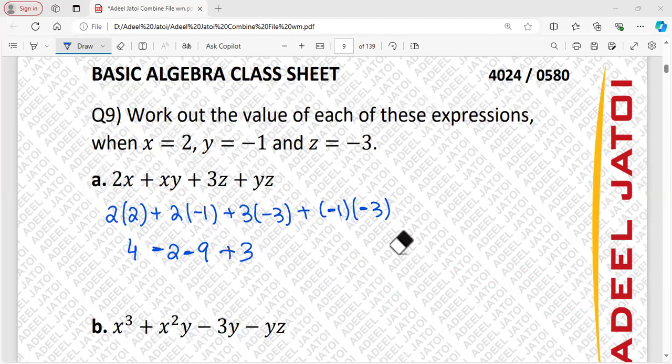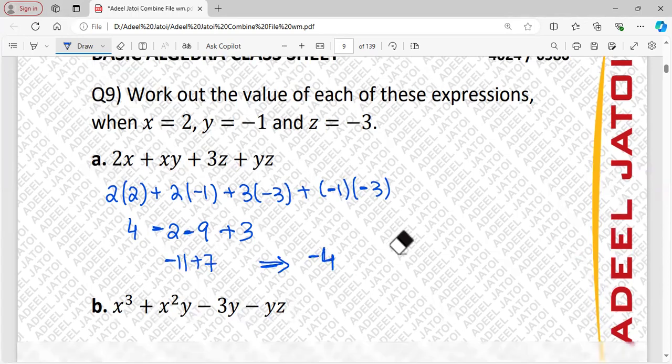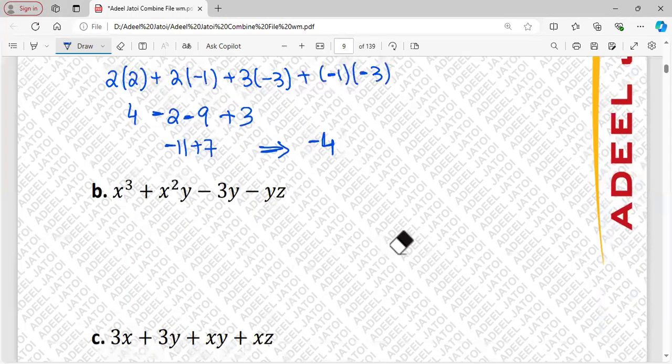So we have -11 plus 7. So the end answer is -11 plus 7. Minus plus is minus. 11 minus 7 is 4, but with the sign of the greater number, that will be -4.